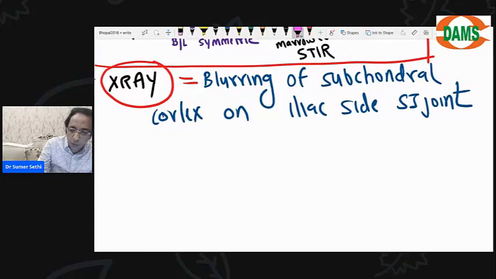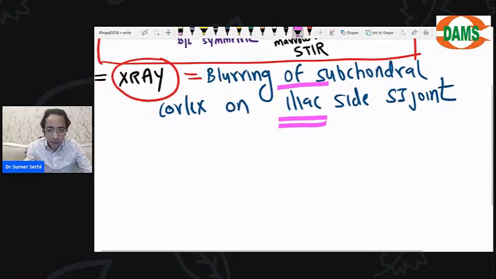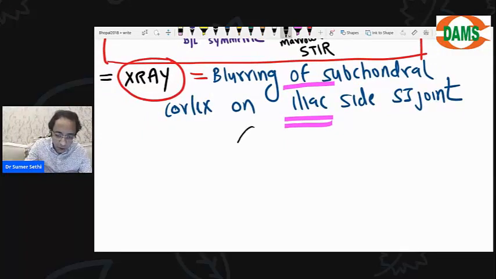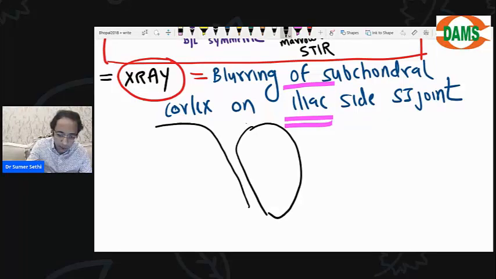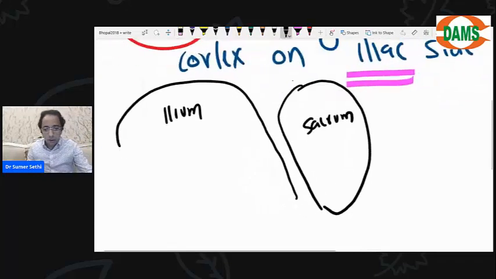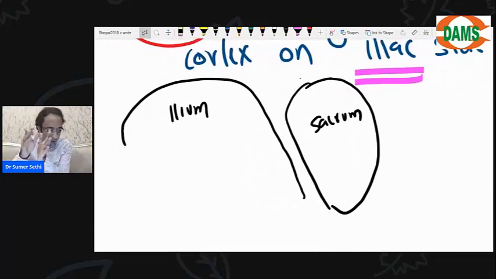This was the answer in NEET PG 2019. The key word to remember here is iliac side. Now that means if this is your sacrum and this is your ilium, the SI joint has two sides, one sacral side, one iliac side.